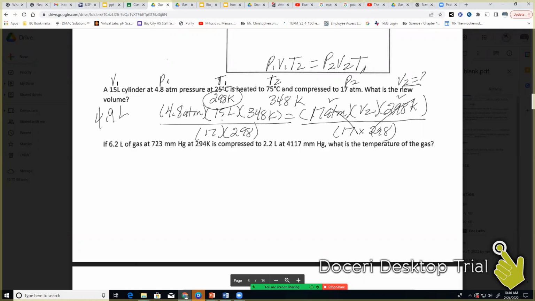And hit equals to get an answer. And then if you divide, it should bring that number down. And then I would do 17 times 298. You might want to put that in parentheses if you're going to be dividing by it. See if that works.